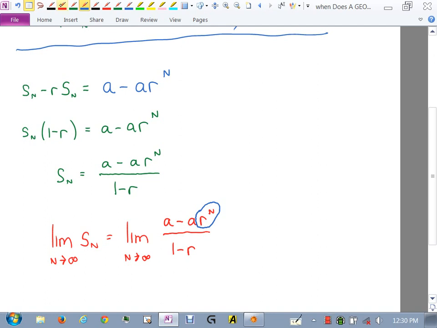So this limit is going to be one of two things: if the magnitude of r is less than 1, or if the magnitude of r is greater than or equal to 1. So tell me what happens if the magnitude of r is bigger than 1. It diverges, right? The whole thing here will blow up. It'll get infinite. So diverges.